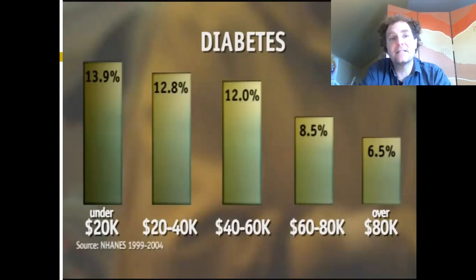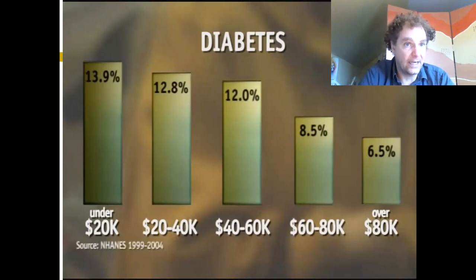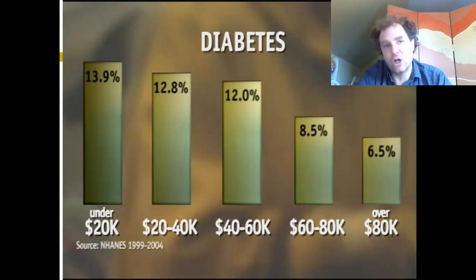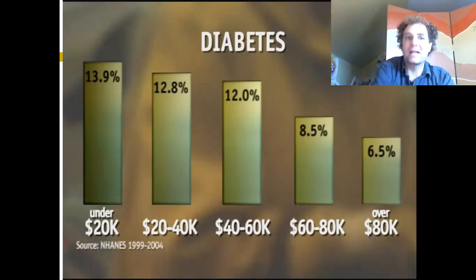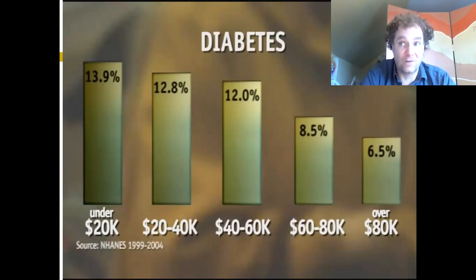It's actually a pretty stark relationship: somebody who earns over $80,000 a year has about half the risk of having diabetes compared to somebody who earns less than $20,000 a year. So somebody who is poor doesn't just have less money, they have a much higher chance of having a health problem like diabetes. But again, there's this gradation effect. A bit more money means a bit less risk of being diabetic.